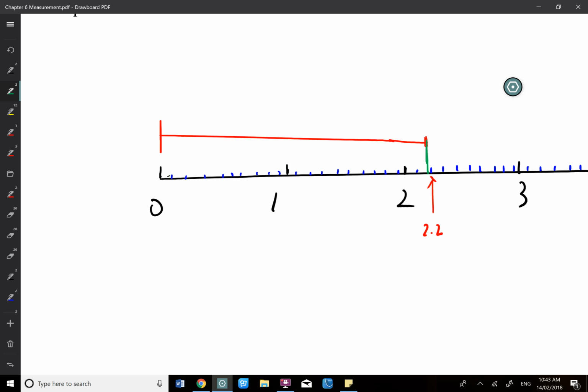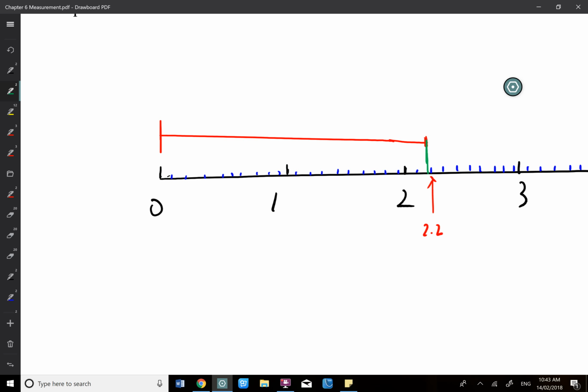You tell me 2.2, but actually the object may be a little bit less than 2.2, or a little bit over 2.2. It's hard to tell. The smallest unit you have is 0.1 centimeter, so when you give me your answer, it will be to 0.1 centimeter.